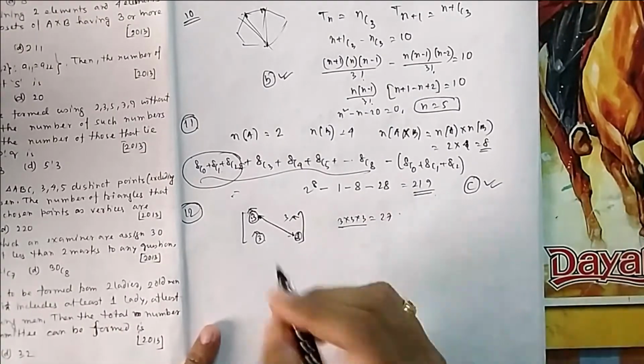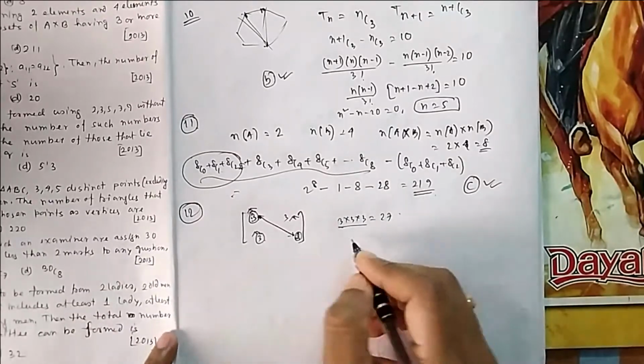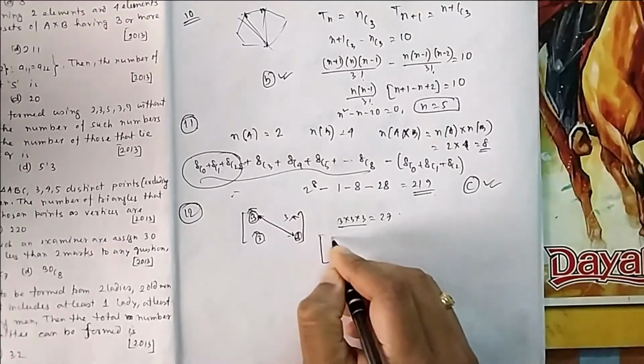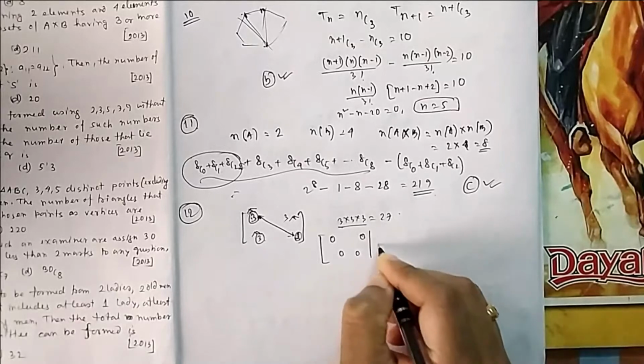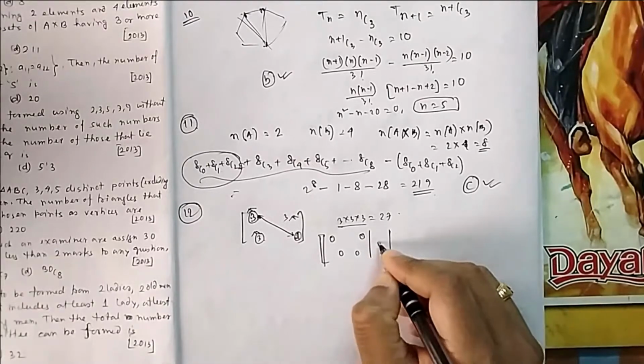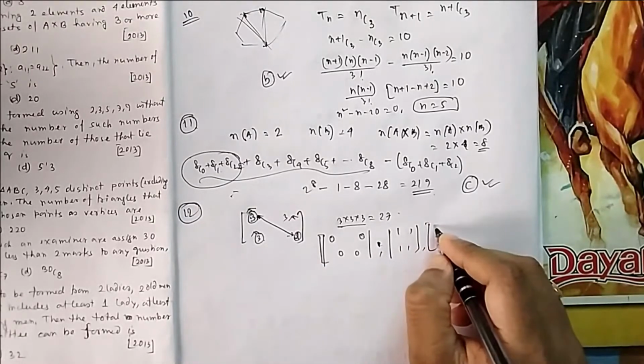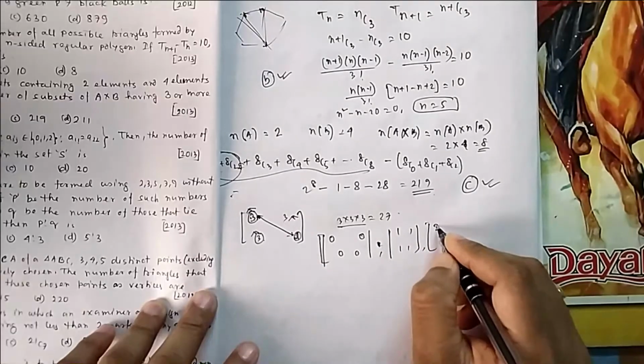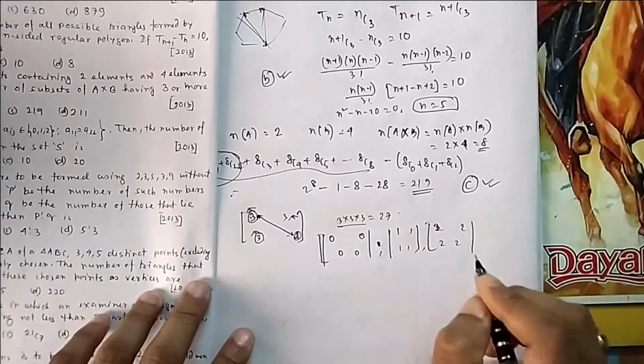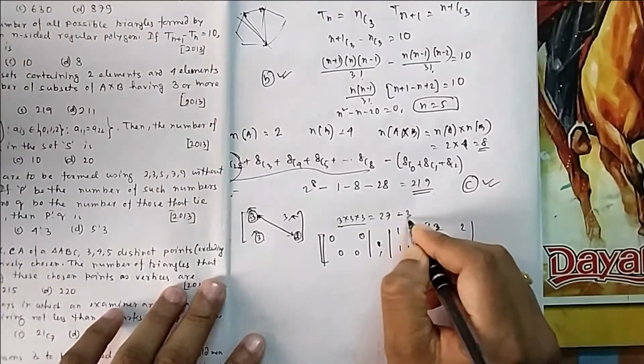Now from here, how many determinants are 0? Because it is a small one, you can think. All 0 cannot be possible because then the determinant is 0. Similarly, all 1 cannot be possible. All cannot be the same, so how many such will be there? 3, because 0, 1, 2. So minus 3.